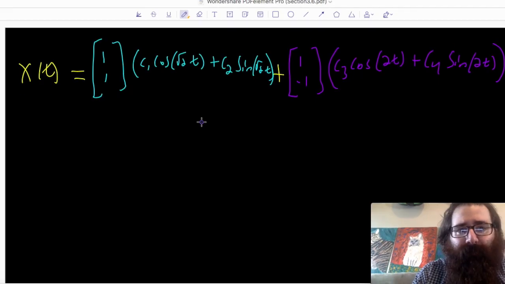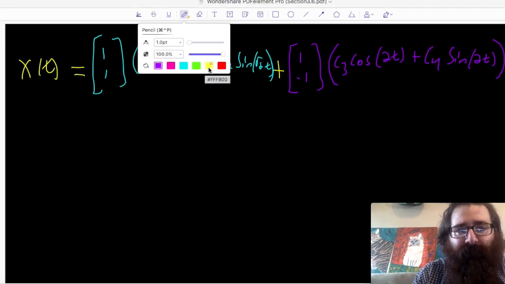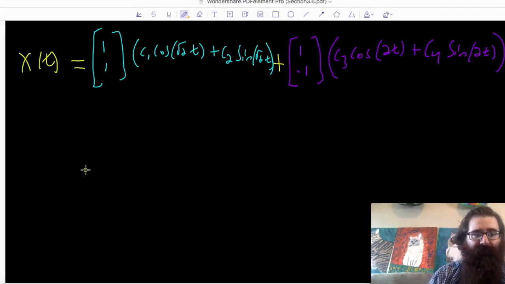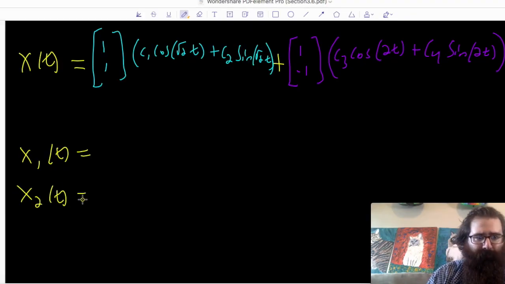And now I can build this out to the separate solutions. Instead of building that super vector first, let me just go right ahead to the separate solutions for x sub 1 at t and x sub 2 at t. I think at this point we can probably start to see where they're coming from and what they're going to be.